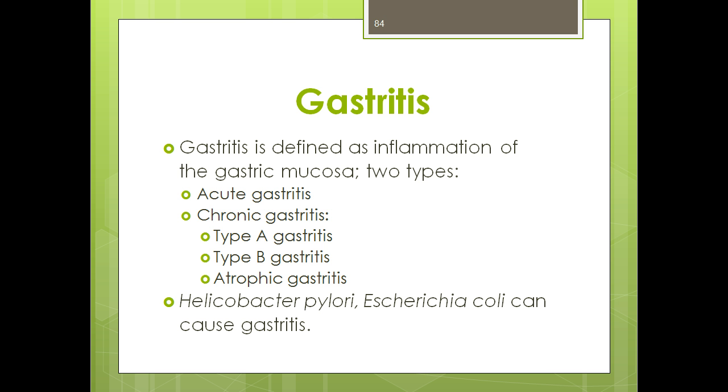So, as a result, you have three different types. You have type A gastritis, which is described as non-erosive chronic gastritis and refers to an inflammation of the glands as well as the fundus and body of the stomach. You have type B gastritis, which usually affects the glands of the antrum but may involve the entire stomach. In atrophic gastritis, the chronic gastritis has diffuse inflammation and destruction of deeply located glands accompanying the condition.